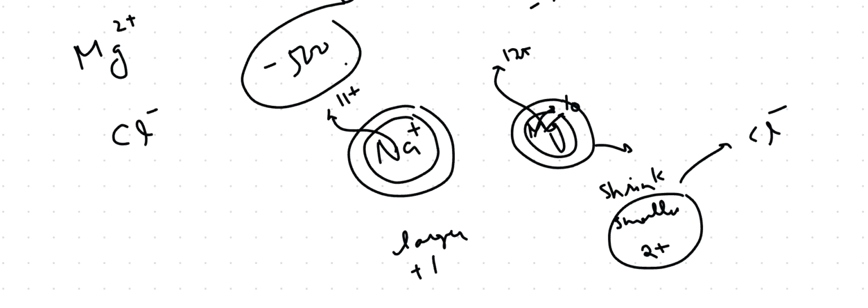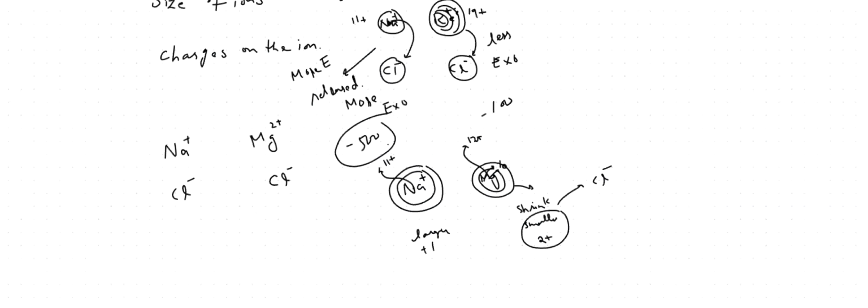Okay, got it? So now repeat it. What did I tell you about ionic size and ionic charge? The magnesium lost 2 electrons, but still has 12 protons.